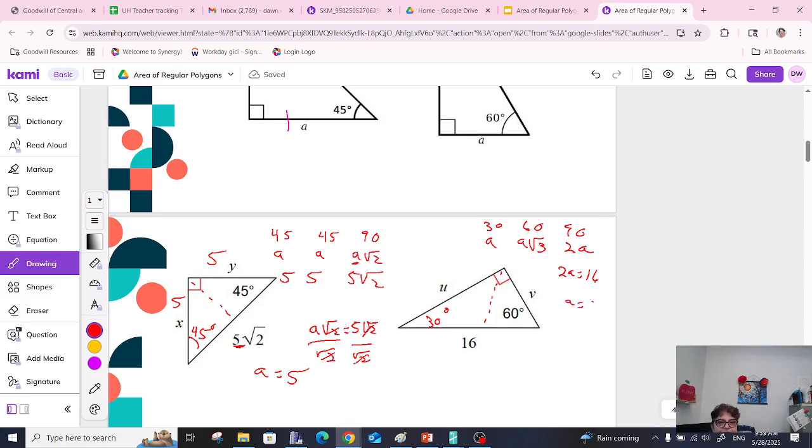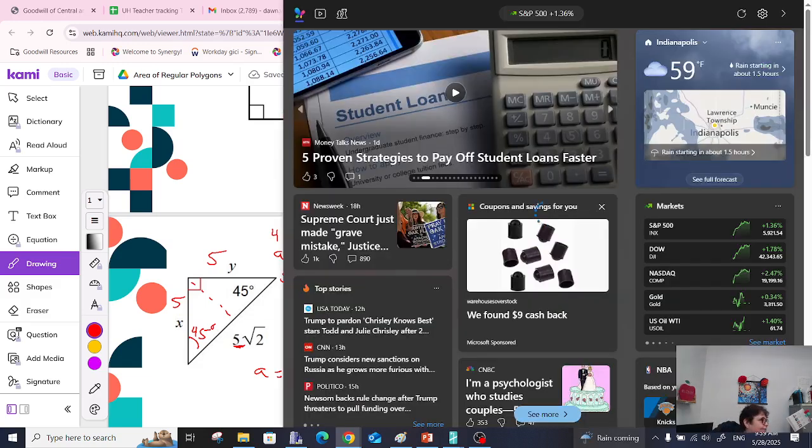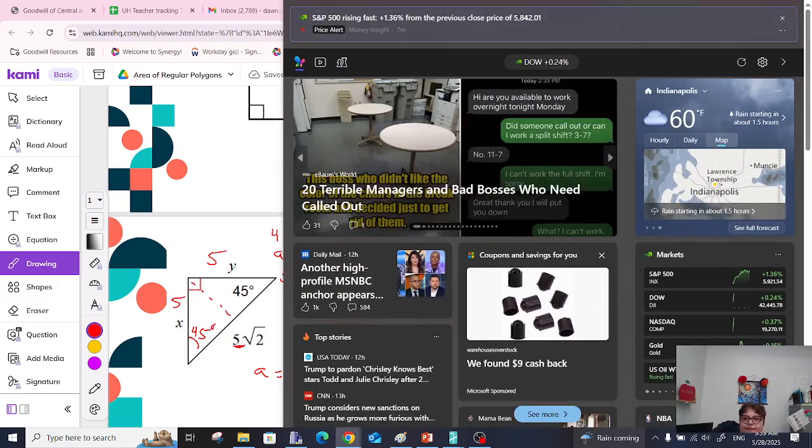A would have to be 8. And once I have 8, it makes my job easy because this would be 8, and then I just substitute: 8 square root 3. So this would be 8, and this would be 8 square root 3. Is it all coming back to you? Good.